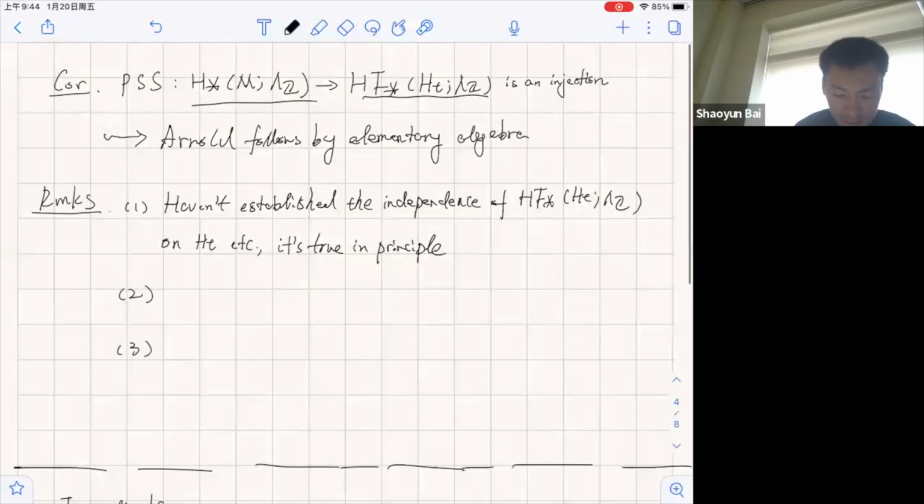The second remark is, in our proof, as you've seen before, we just define a chain complex over the integral Novikov ring, which doesn't really use Floer homotopy theory, as in the work of Abouzaid-McLean-Smith.